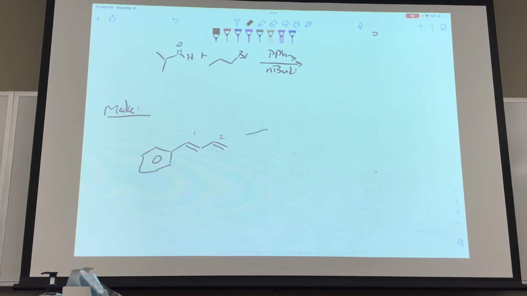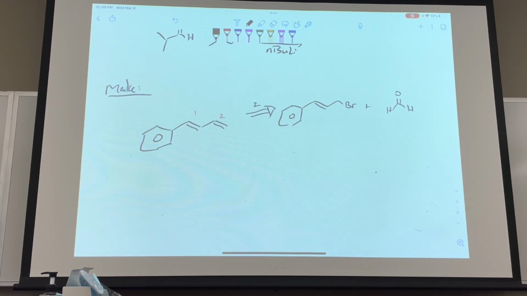Maybe that'll spark an idea. If we're going to try to make double bond number 2, what we would need are these two pieces, or vice versa. Put the aldehyde here and you do bromomethane or something right here.